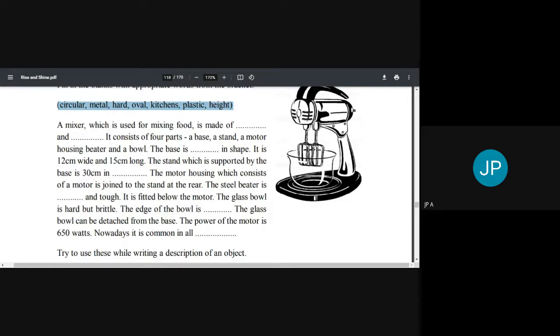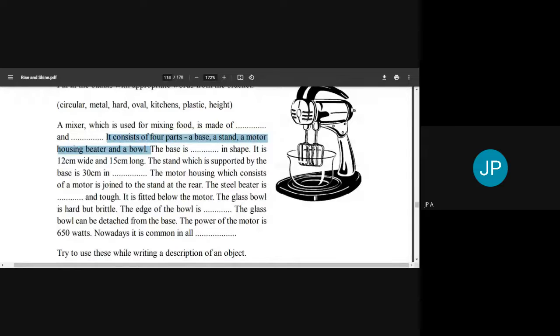It consists of four parts: a base, a stand, a motor housing, a beater, and a bowl. Four alla, five ഉണ്ട്. There are five parts. It consists of five parts. It's a mistake here. അതായത് അഞ്ച് സാധനങ്ങളുണ്ട് അതിൽ. എന്തൊക്കെയാണ് അഞ്ച് സാധനങ്ങൾ? ബേസ് ഉണ്ട്, അതൊന്ന്.